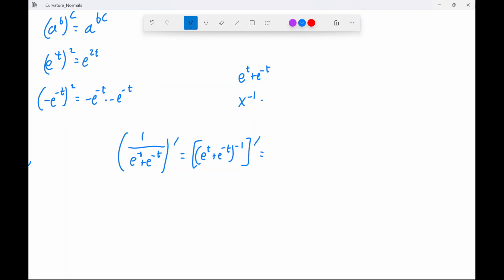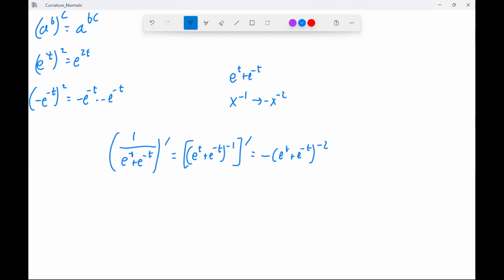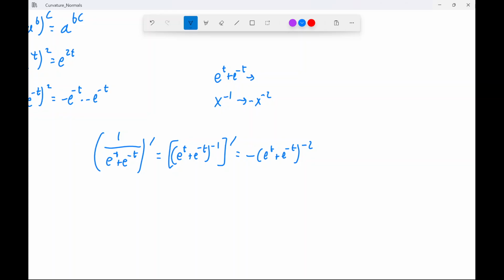The derivative of this is negative x to the negative 2. So this will be negative e to the t plus e to the negative t, to the negative 2. And then the derivative of this is e to the t minus e to the negative t. So it'll be times e to the t minus e to the negative t.